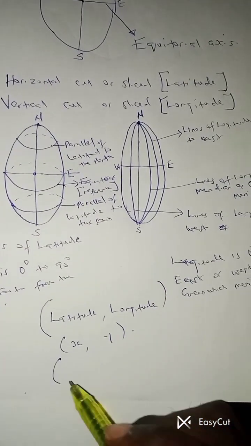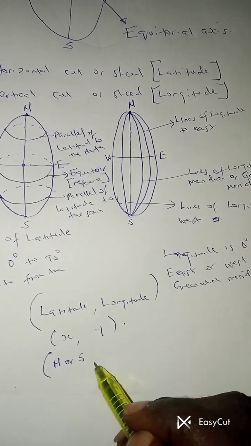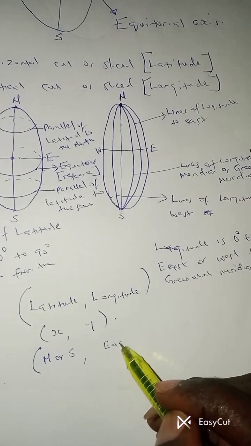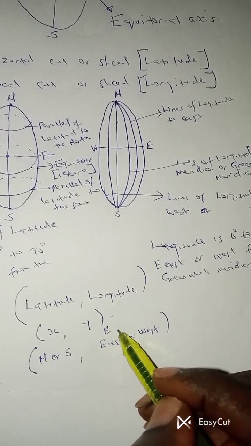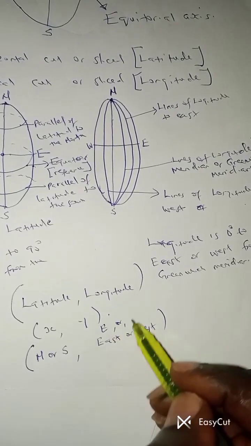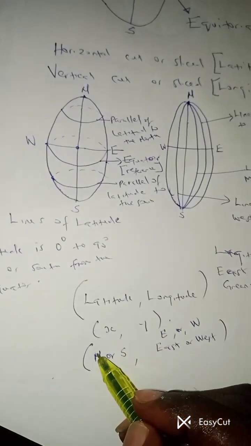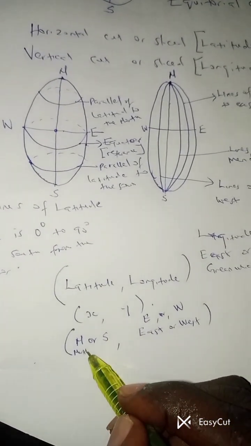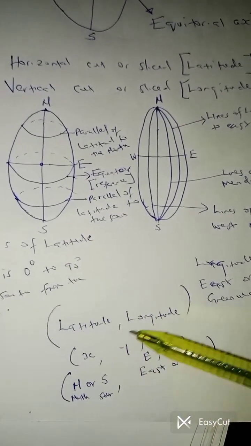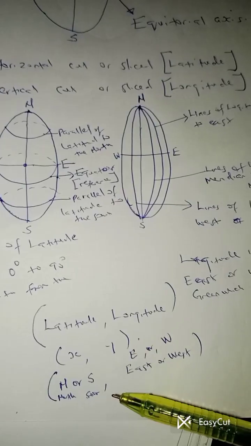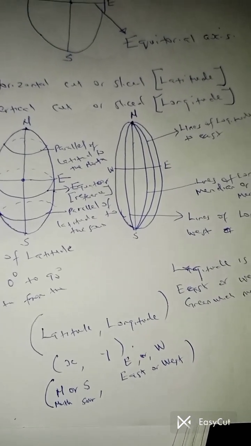So in any question given to you, either they put north or south, comma, or they put east or west, no matter how, this simply means north or south. In every question given to you, always know that your latitude is your x-axis, your longitude is your y-axis. The intersection of both of them will give us the location of a particular place on the surface of the earth. So that's all about that.